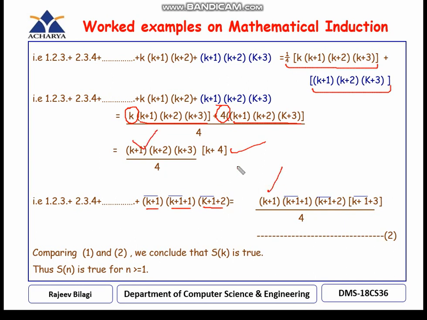This k plus 2, I can write it as k plus 1 plus 1, this k plus 3 as k plus 1 plus 2, and this I can write as k plus 1 plus 3 whole divided by 4. So this is what I am going to get. Wherever I have k, I am getting k plus 1.